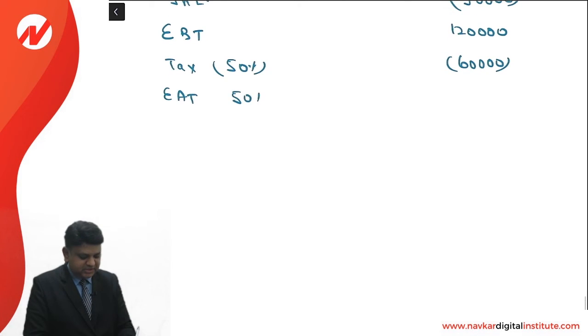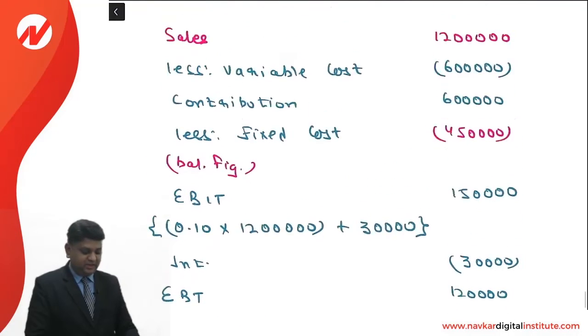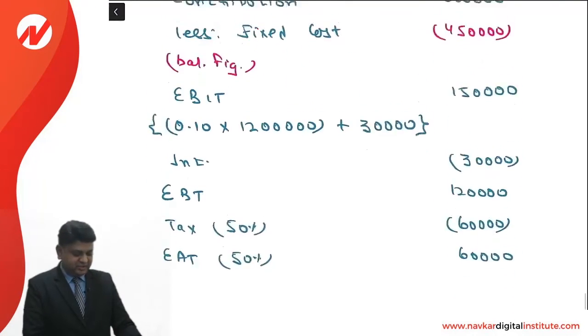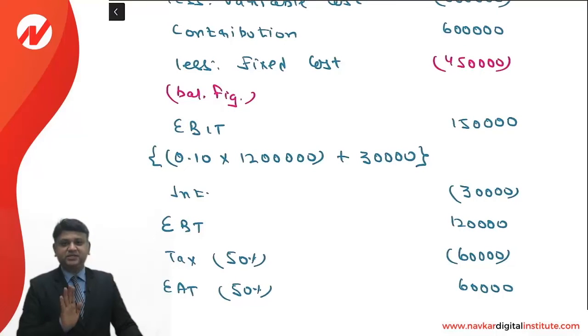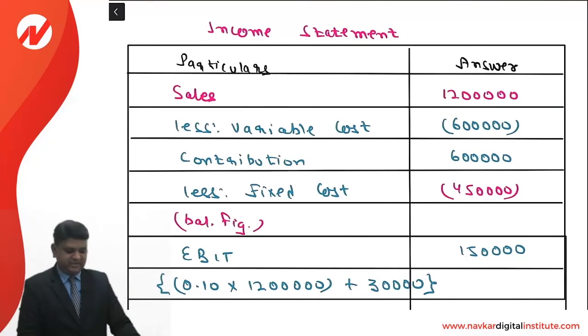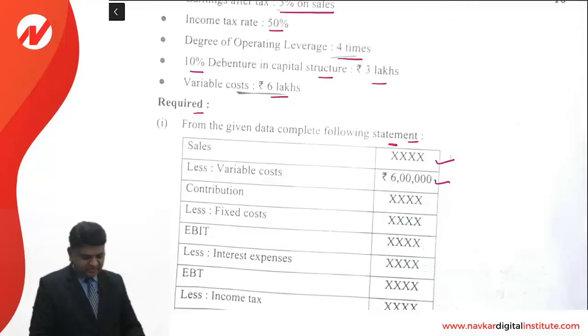Earning after taxes is remaining 50%. That comes to 60,000, and it amounts to cross verification as well of our answer that 5% of 12 lakhs is 60,000, because earning after taxes is given as 5% of the sales. Yes.